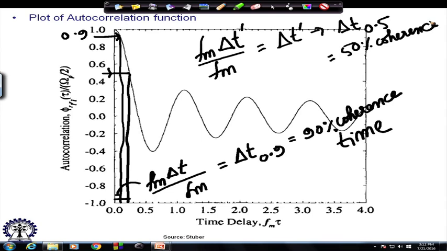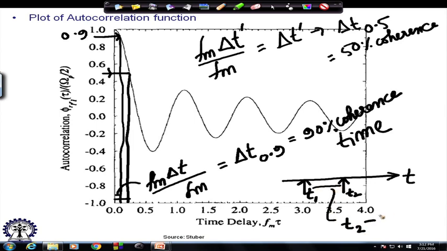What it means effectively is that if we take the time axis is the t axis, and if we measure it at two instants t1 and t2, and if this gap between this time is t2 minus t1, which is delta t, right.